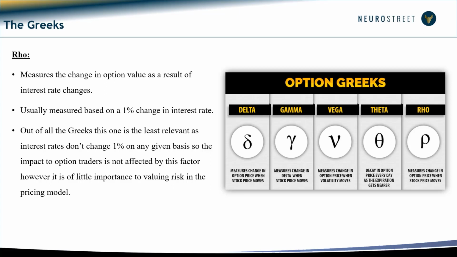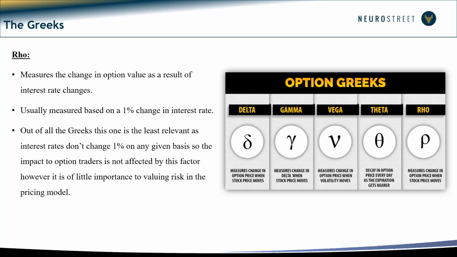Let's talk about rho. Rho measures the change in the option value as a result of interest rate changes. Okay, you're like, how does that affect me? Well, it can affect you, usually measured based on a 1% change in interest rates. But if interest rates aren't really changing that much, right? We've got pretty low interest rates right now in the marketplace.